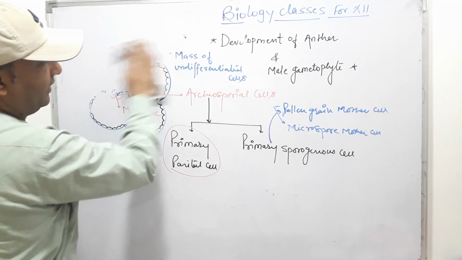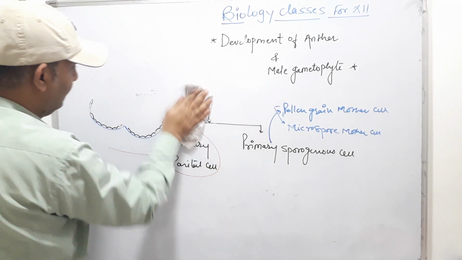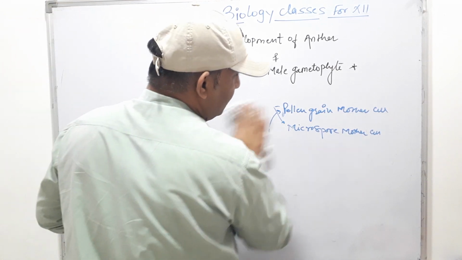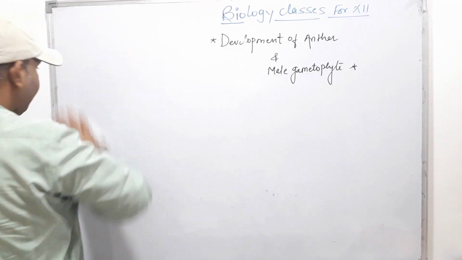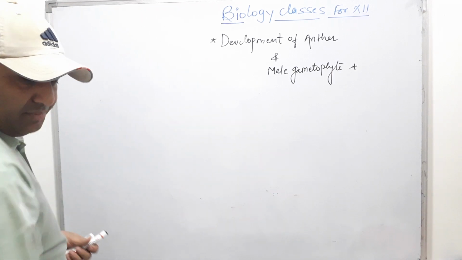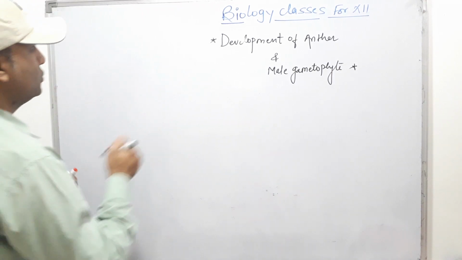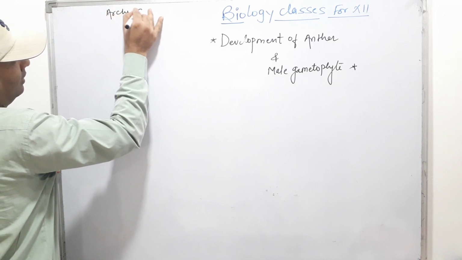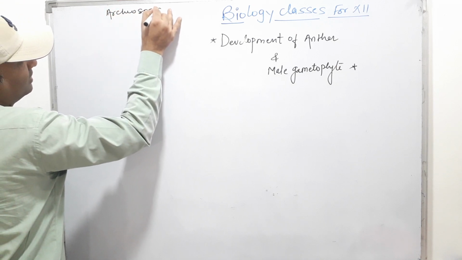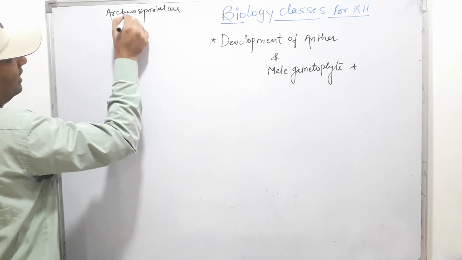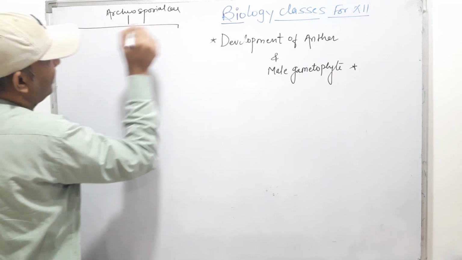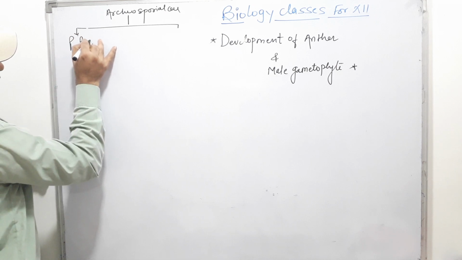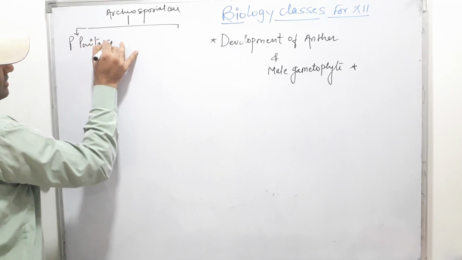After the development of anther, the primary sporogenous cell develops into the pollen grain mother cell. So we know the archesporial cell produces two types of cell. First is called the primary parietal cell.